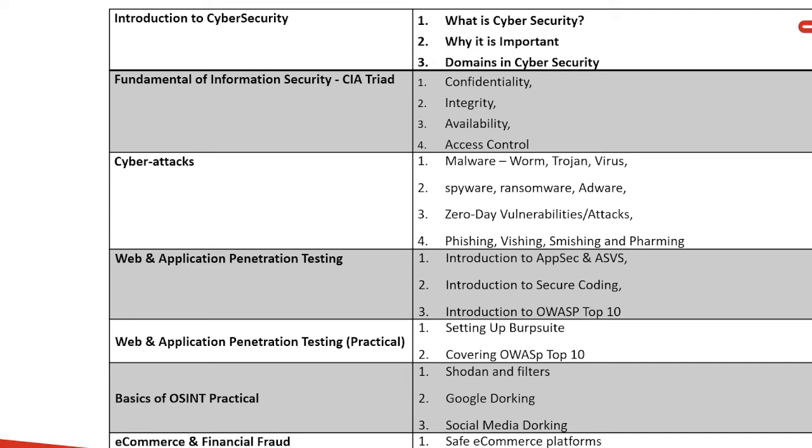So a cyber attack, I can say, is a set of actions performed by users who have malicious intentions, who are trying to gain unauthorized access, or trying to steal your data, or trying to do some damage or harm to the computers, networks, or any kind of application they have access to.